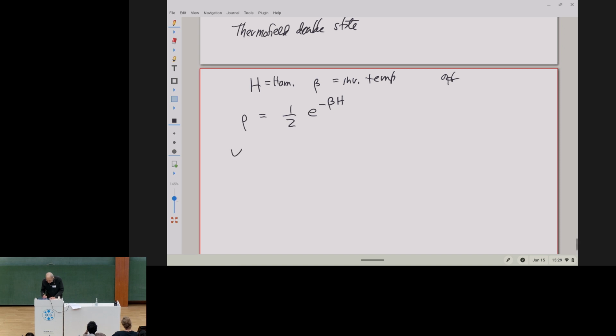The thermofield double is a purification of rho that's especially nice.